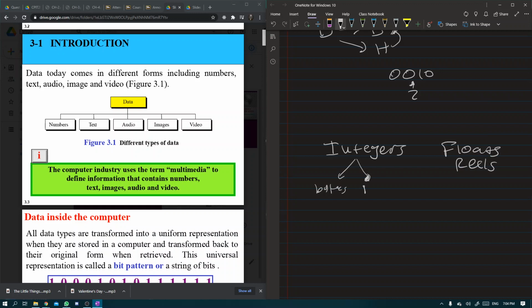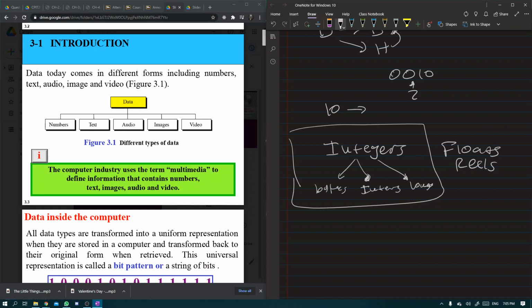And integers, normal integers, and long, which is 32 bits. So to represent this data, you want to convert the decimal to base 2, so base 10 to base 2, and represent it in a way that computers would understand.